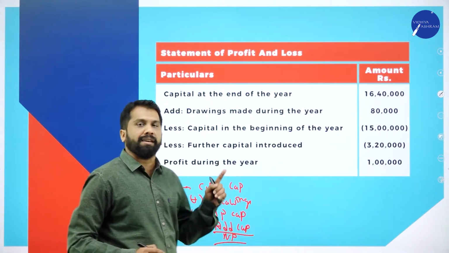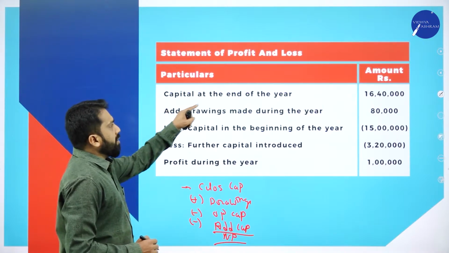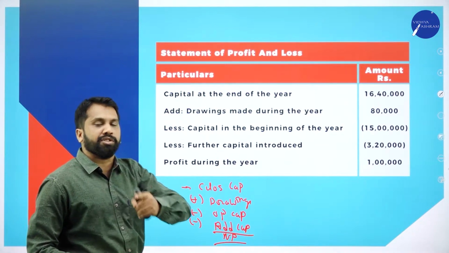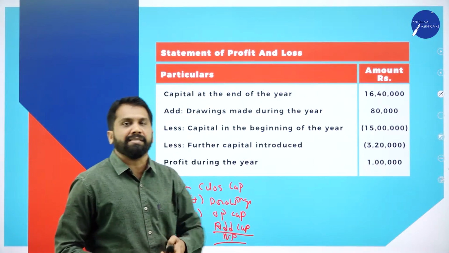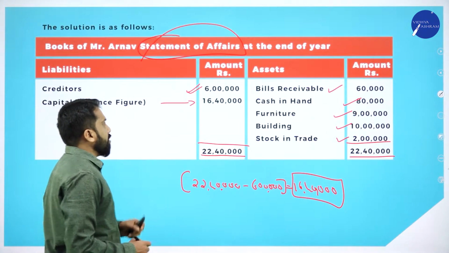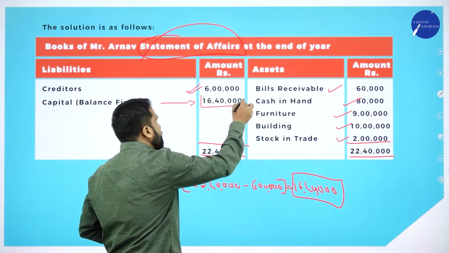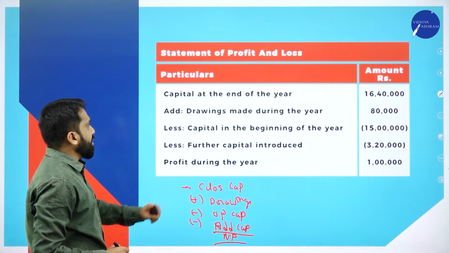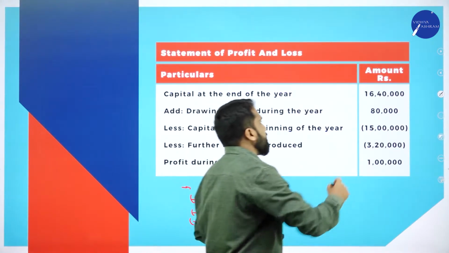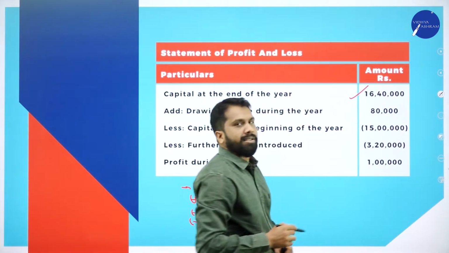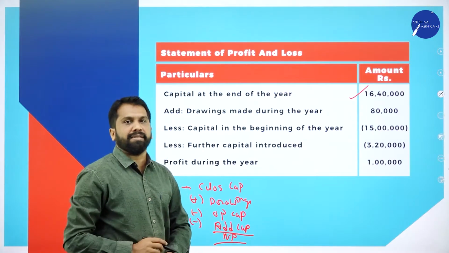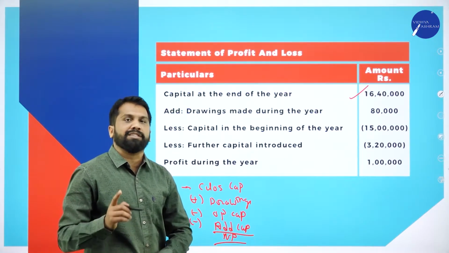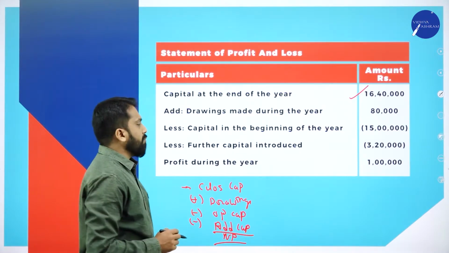Now I'll go back to your answer. Your capital at the end of the year is not there in the question. It is there in your answer. Your closing capital is 16,40,000. Hope you are clear. Now, once you have the closing capital of 16,40,000, what should you do?